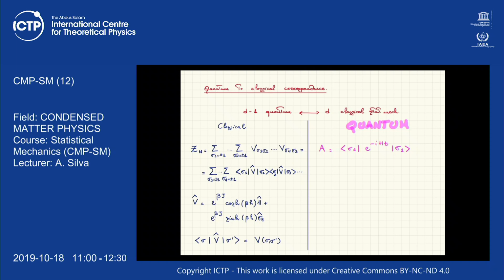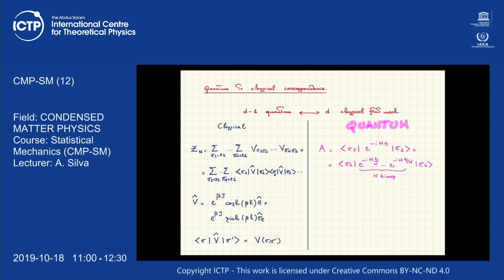Okay? I just want to compute this amplitude here. I can write this as sigma 1, e to the minus i H t divided by n, ..., e to the minus i H t divided by n, times sigma 1. You agree with me?